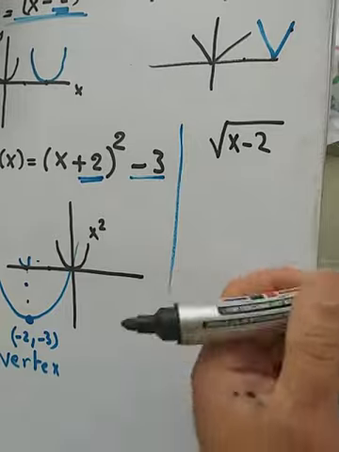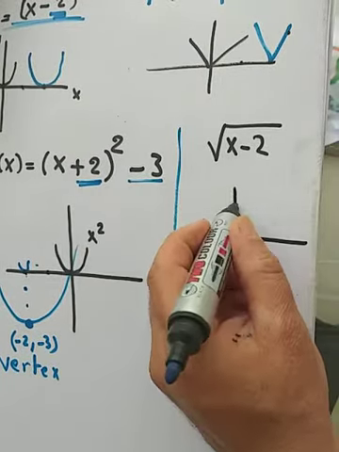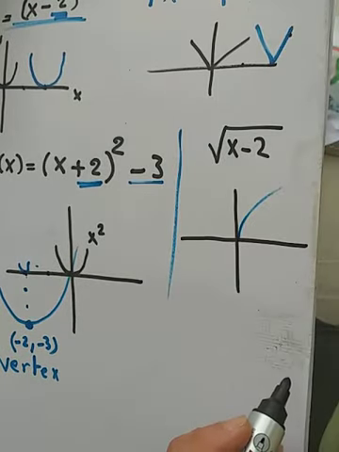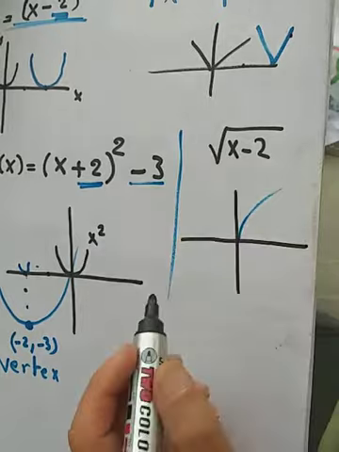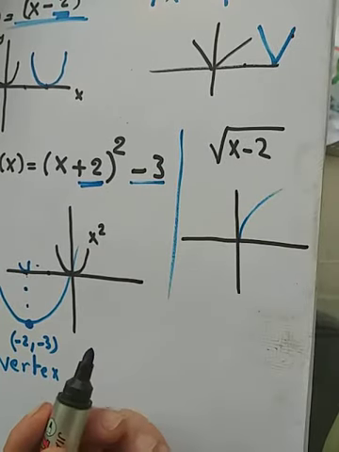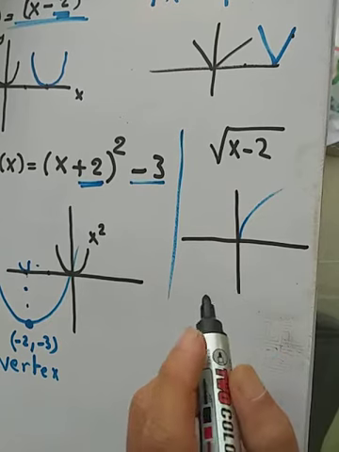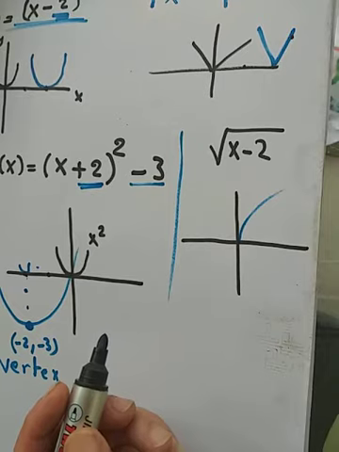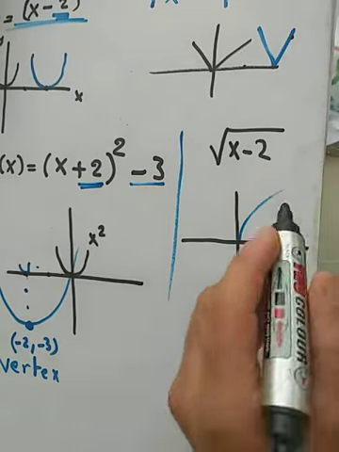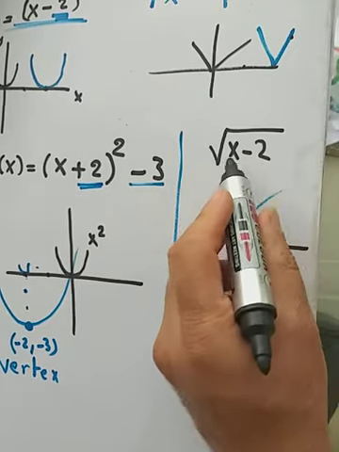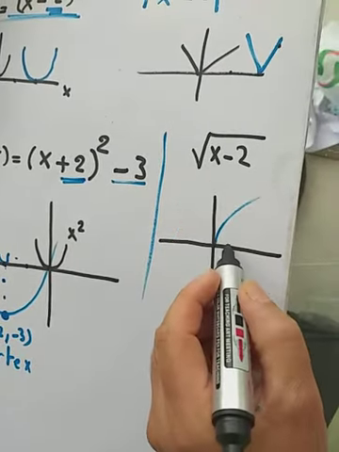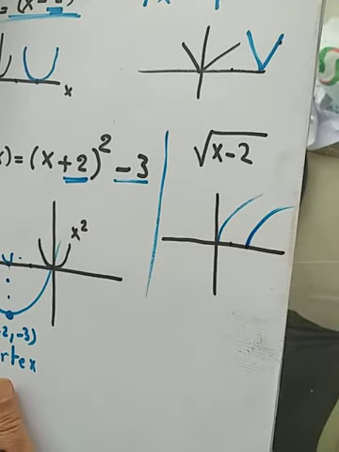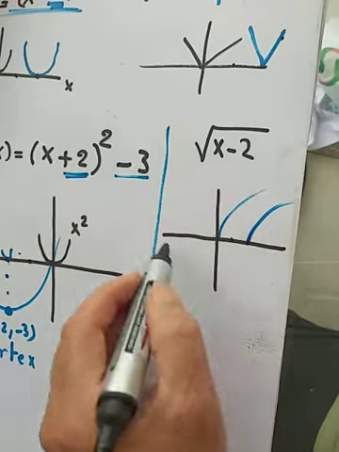The graph of square root is like an eyebrow, a single eyebrow, because you also have double eyebrows. That is another equation. We will study that in chapter 1, grade 12. For x minus 2 under the radical, we move 2 units to the right, 1, 2. This is our graph for this one.